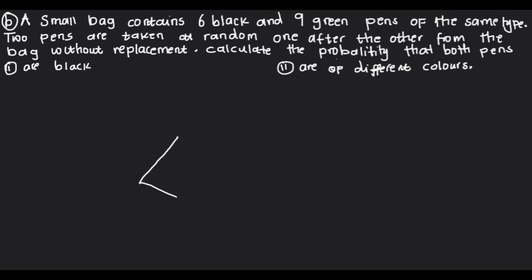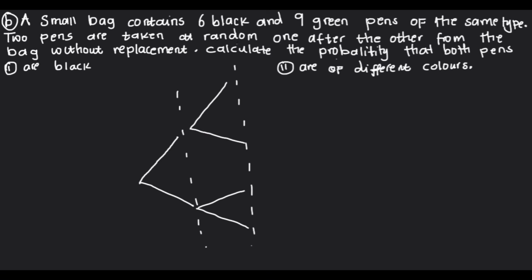So this is our tree diagram. So we'll say this is our first pick. Then since two pens were picked without replacement, we are going to have the second pick. Now from this tree diagram, you are able to see that we have 2 branches for each. Since we have 2 branches, the branches must correspond with the outcomes that we have.